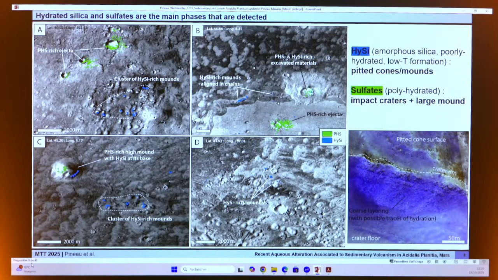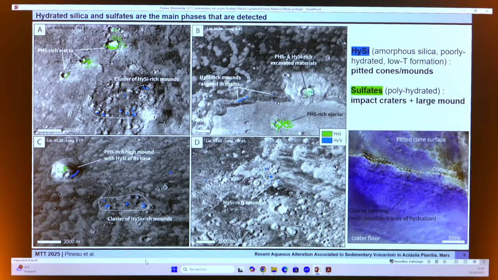And we also have sulfates, polyhydrated sulfates in green, that are either excavated in small impact craters, which you can see on the top, or, on the bottom left corner, in a large mound with hydrated silica at its base. And on the right, you have a very key observation, which is a HiRISE image, where an impact gives you a slice into a pitted cone, so that we are able to see the internal structures.